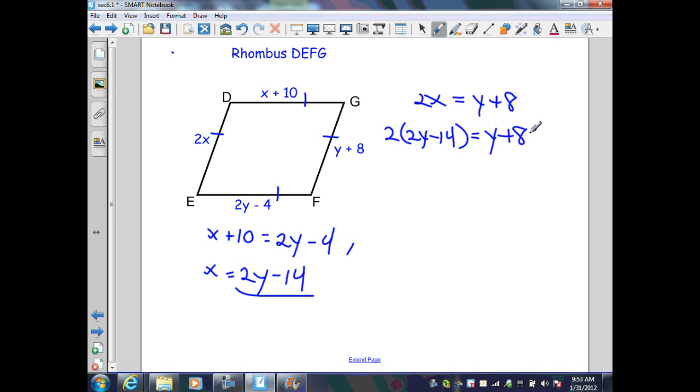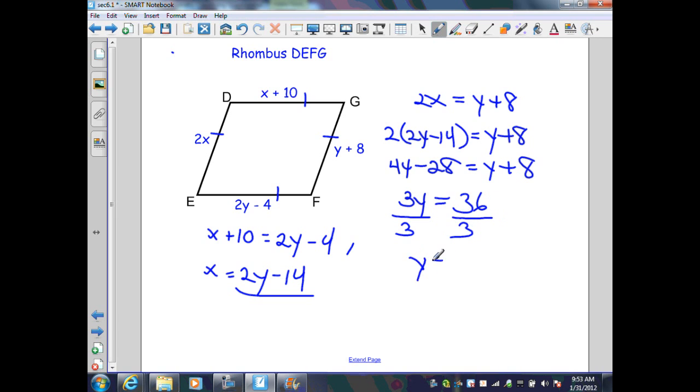Now I can solve for y and substitute back in to solve for x. Distributive property, 4y minus 28 equals y plus 8. Subtract y on both sides gives me 3y. Add 28 on both sides gives me 3y equal to 36. Divide by 3, y equals 12.